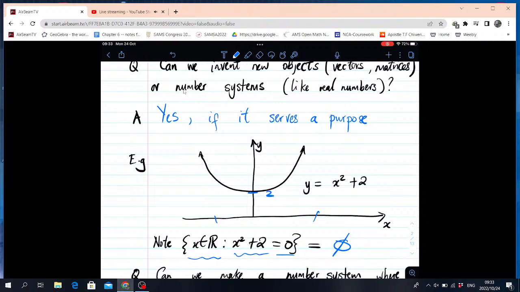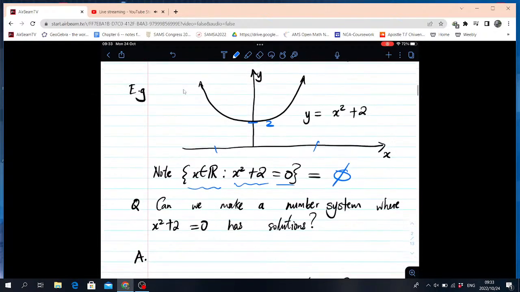And so the question is, can we make a new number system that is going to have this type of equation having solutions? And the answer is yes. We can make a new system, as well, having solutions in that number system, this equation, right?